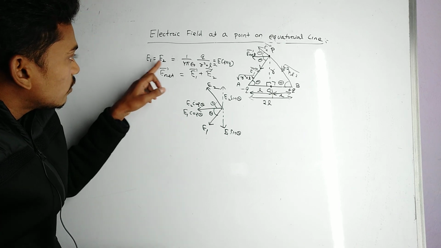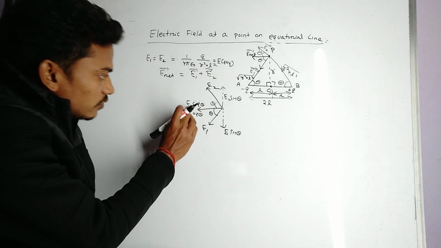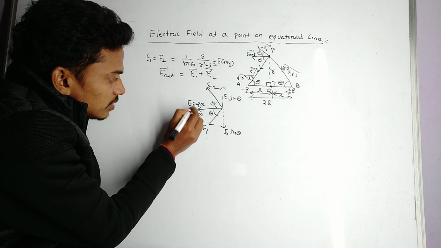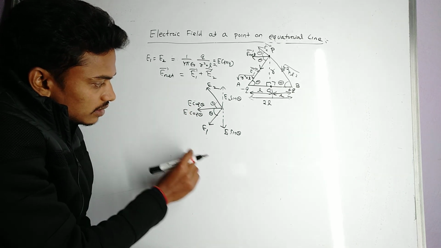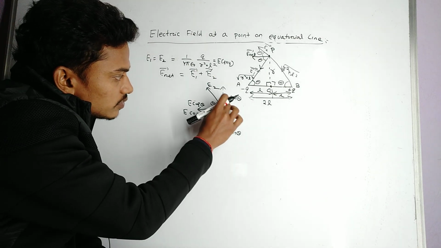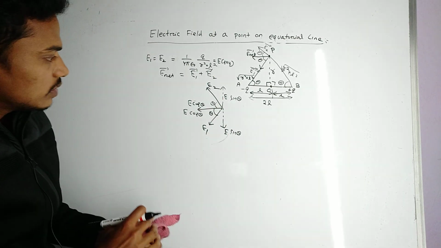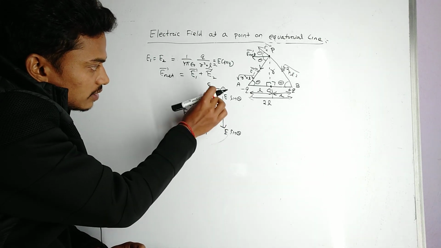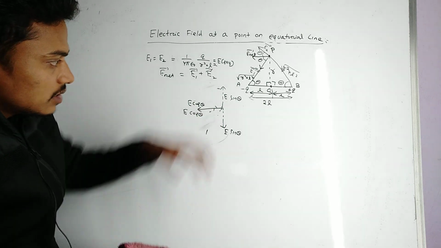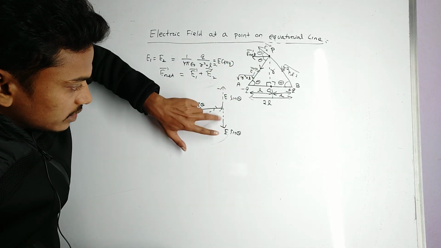You see here E1 is equal to E2 is equal to E. So all the fields left are E sin theta and E sin theta.